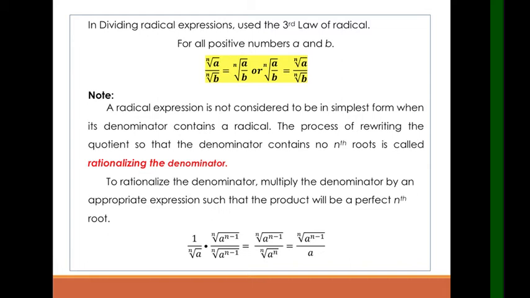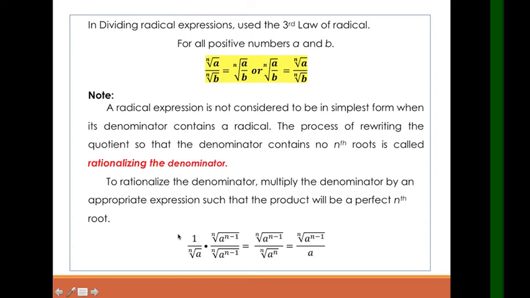A radical expression is not considered to be in simplest form when its denominator contains a radical. The process of rewriting the quotients so that the denominator contains no nth roots is called rationalizing the denominator. To rationalize the denominator, multiply the denominator by an appropriate expression such that the product will be a perfect nth root.